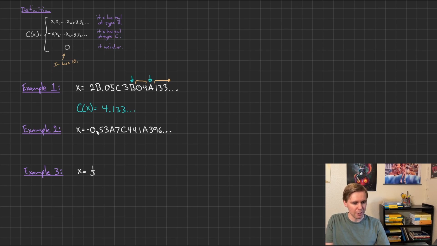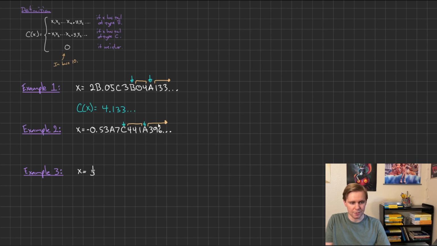For this one, I take a look and again see if it has a tail of type C or B. It does look like it has a tail of type C because I see a C here, an A here, and those are separated by numbers from 0 through 9. And then again, I'm going to assume that these are all from 0 through 9 as well, just as the creator of the example.